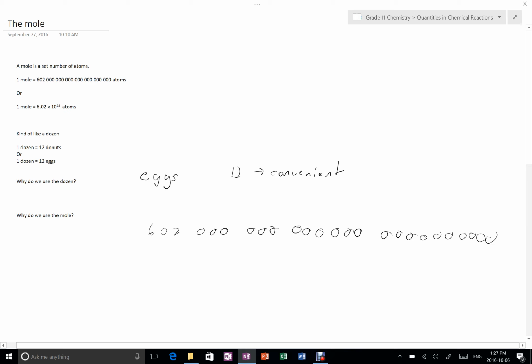That might be like 10 moles. And you can see this number is usable, this number is not usable. So really all we're trying to do is handle the fact that there are so many atoms that make up any substance that we ever look at. And so we're trying to package them into groups that make them more convenient, just like we packaged eggs into the carton of the dozen.